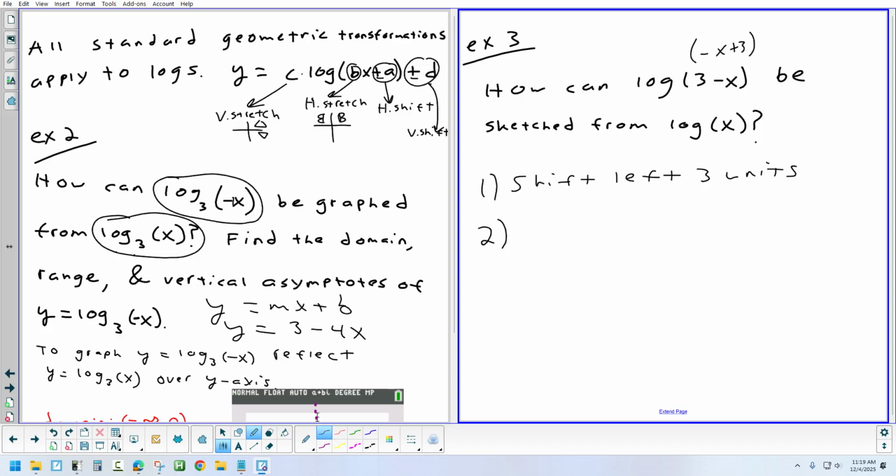Horizontal stretch. In this case, there really isn't a horizontal stretch because the number in front of x is just a -1. Anytime it's a 1 or a -1, there is not a stretch. But what is that number doing? Yep. Reflecting the graph over the y-axis. Right, it's just causing a reflection. So reflect over the y-axis.